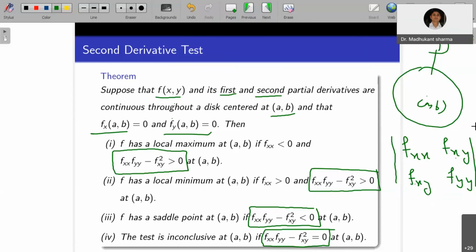So when you are performing the second derivative test, you have to look at this determinant of the Hessian matrix, known as the Hessian matrix for some reasons.